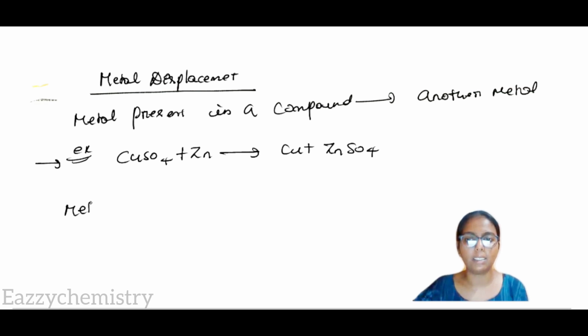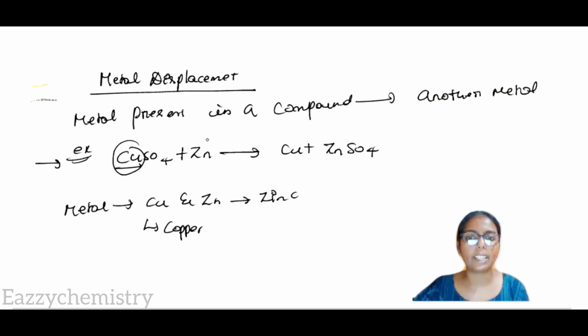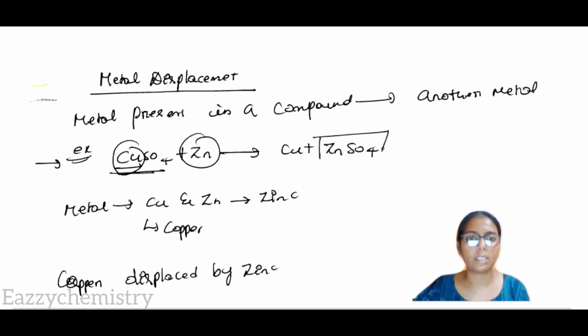Here the metals are Cu and Zn. Cu is copper and Zn is zinc. Here the copper is displaced by the zinc. Copper sulfate gets converted into zinc sulfate. So the copper is displaced by the zinc. This is an example of the metal displacement reaction. Here copper and zinc are both metals.